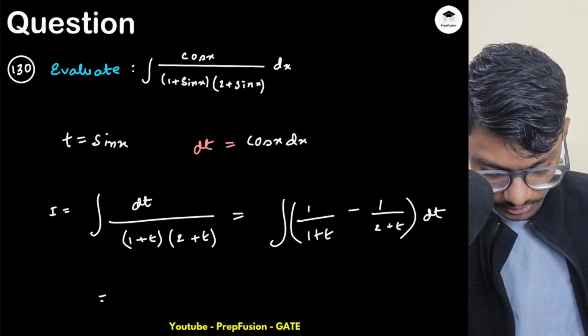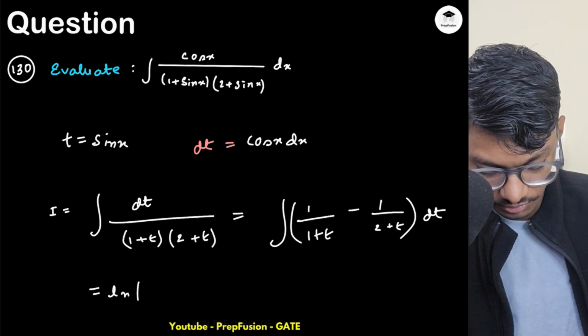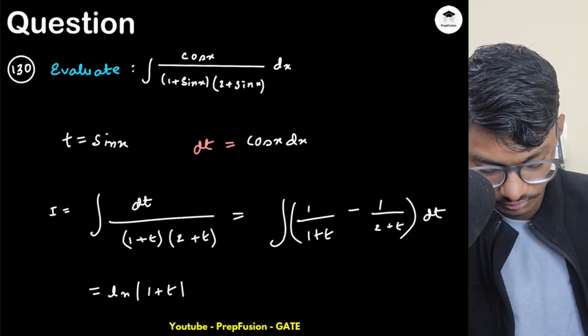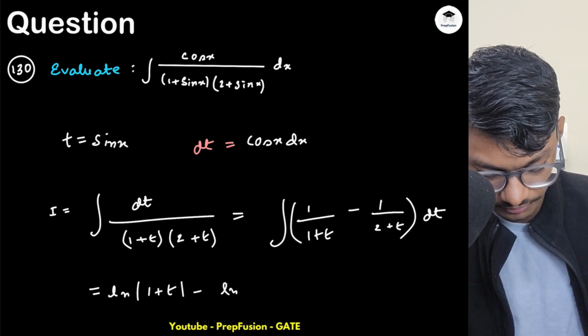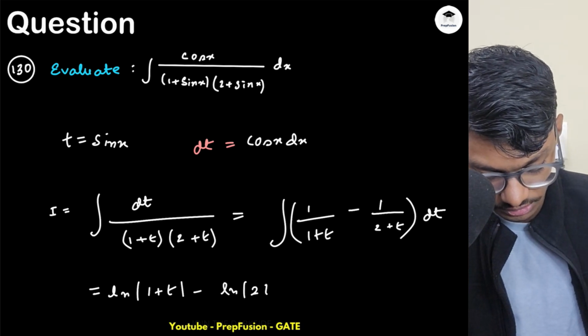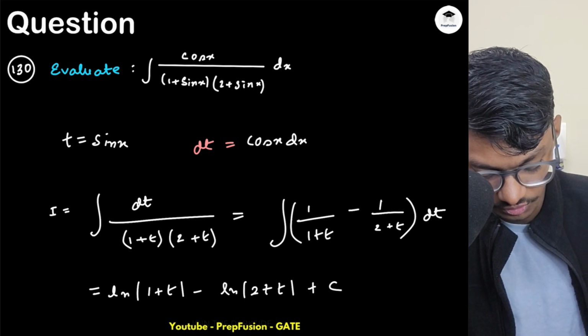So this one will become ln of mod of 1 plus t minus ln of mod of 2 plus t. Don't get confused with t and this. Plus c, of course.